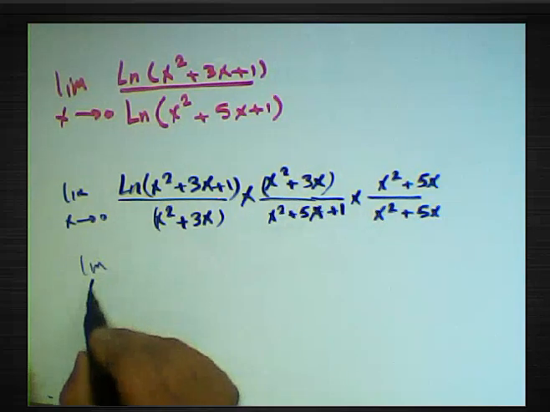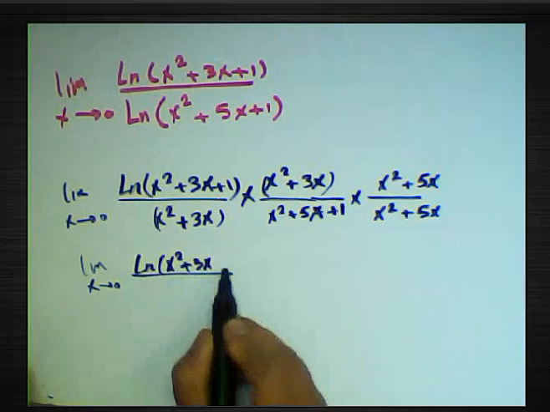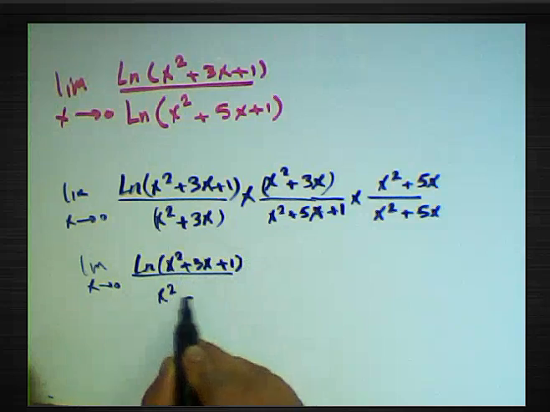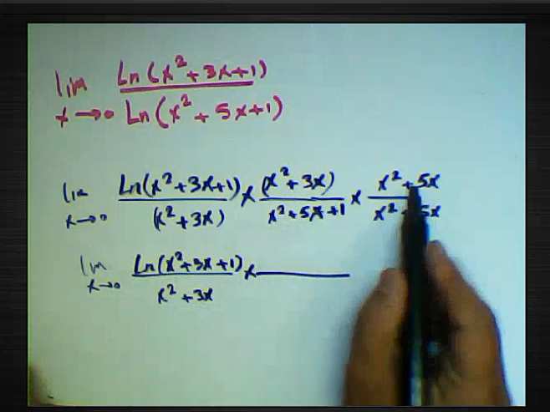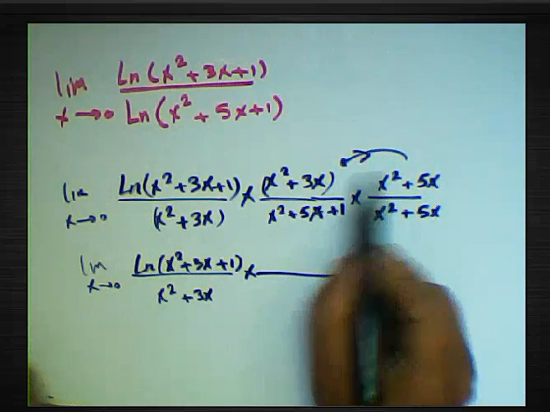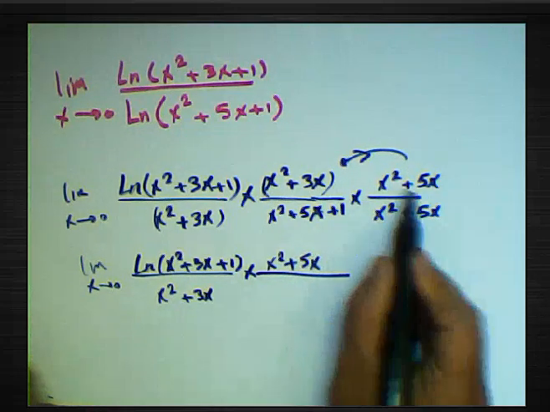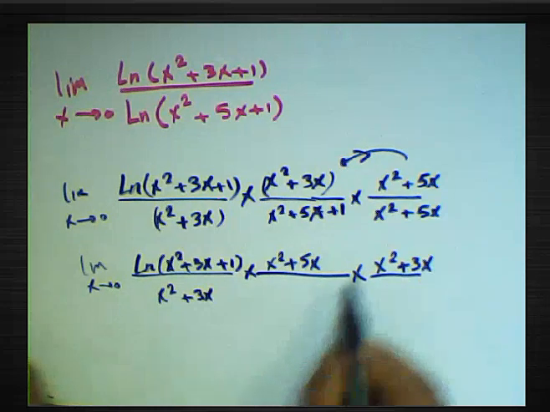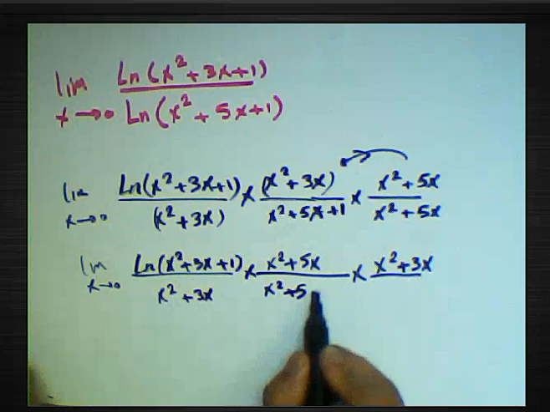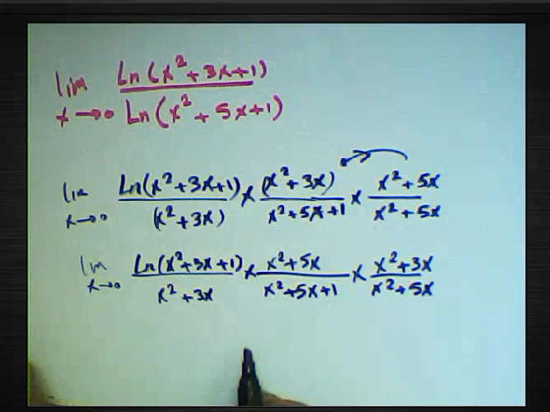Okay, I will write the limit when x approaches 0 of ln(x^2 + 3x + 1) over x^2 + 3x multiplied by what? This function here. I will replace the two expressions here: x^2 + 5x here, and x^2 + 3x here, and write x^2 + 5x + 1 behind it, and x^2 + 5x, and distribute the limit over all the expressions.